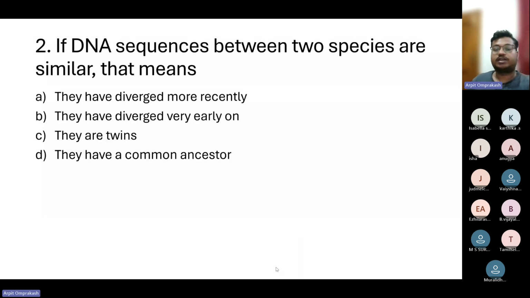Please feel free to write the answer in the chat. Good job, Isha, for answering the previous question. It doesn't matter if it's right or wrong, just write an answer.